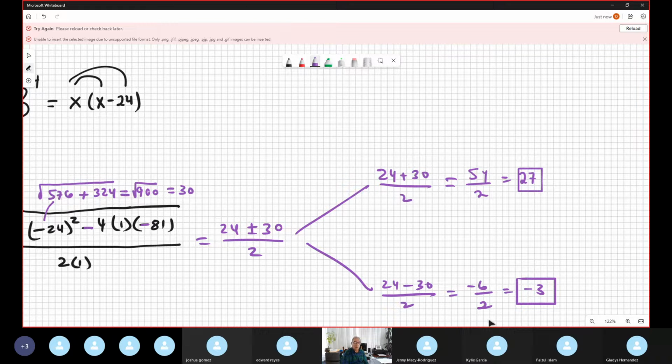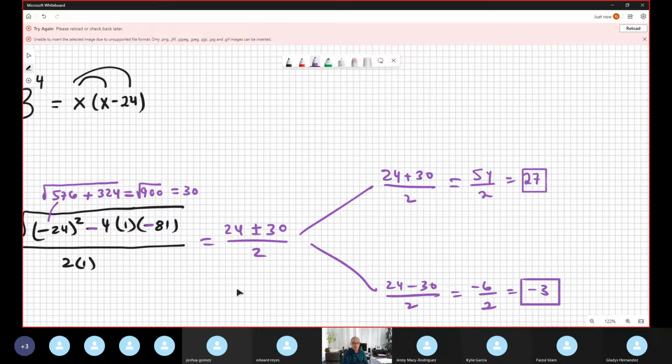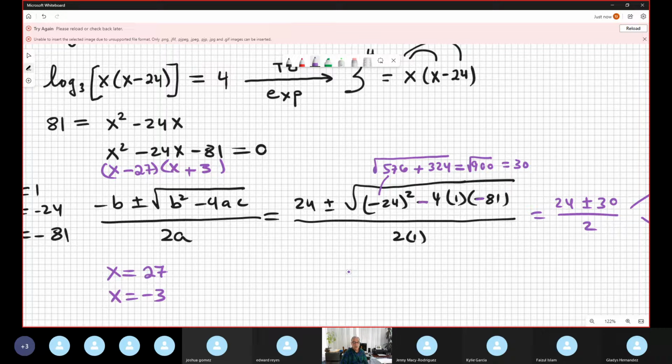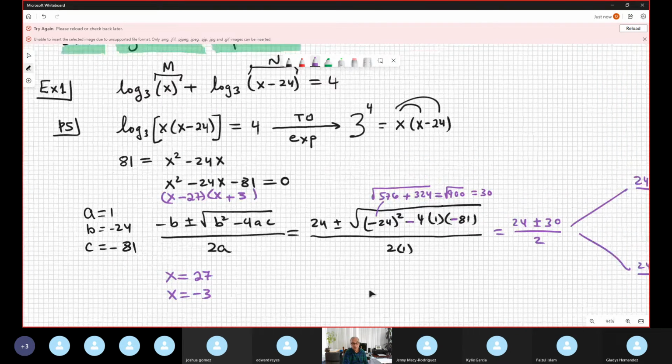Same answer you can get by factorization, if you see it: 27 and 3, 27 times 3 is 81, and 27 minus 3 is 24, this negative and this positive. And we get x equals 27 and x equals minus 3. But the problem was I didn't see the combination, so I always apply the quadratic formula. You get the answer.